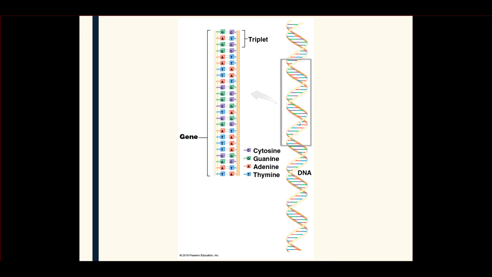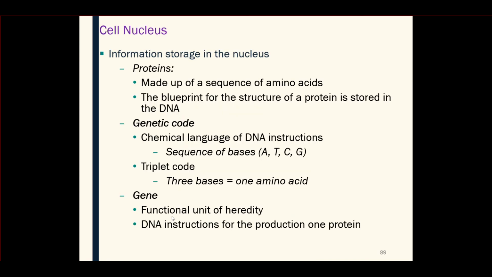This would have the instructions to make insulin. The next box down, let's say we made another box right here. This is another gene that may be the blueprint for another protein, right? So the genes contain the instructions for the production of one protein.